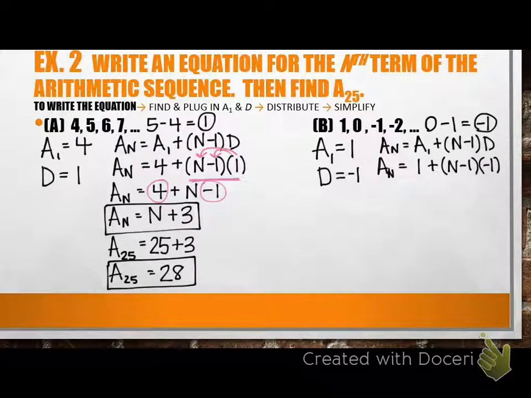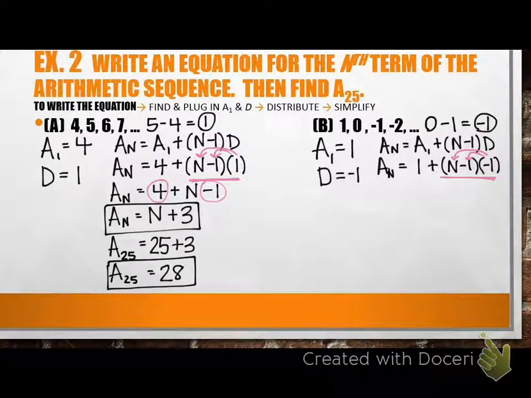If you didn't, and you just plugged in -1, there's a good chance you would have read that as n minus 1 minus 1. And that would have thrown off the entire problem. So make sure you always plug your D in parentheses, because step number 2 tells us to do what? Distribute. And what are we supposed to be distributing this time? -1. So again, underline it, highlight it, make it stand out, and draw yourself the arrows, okay?